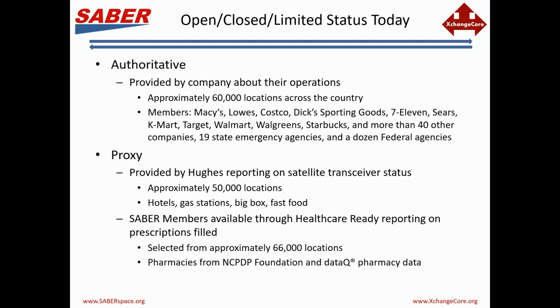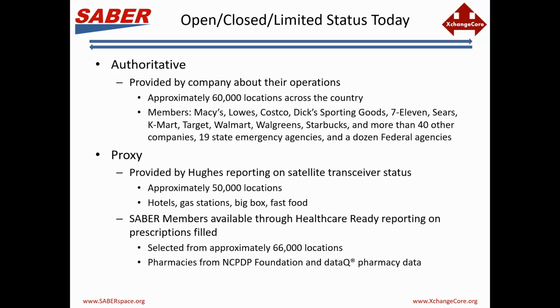The first one is satellite transceiver status. Is this satellite working? There are about 50,000 locations out there, hotels and gas stations and others. If the satellite isn't transmitting, that's a proxy for maybe being closed. Can't tell you absolutely authoritatively, but it might very well be closed.